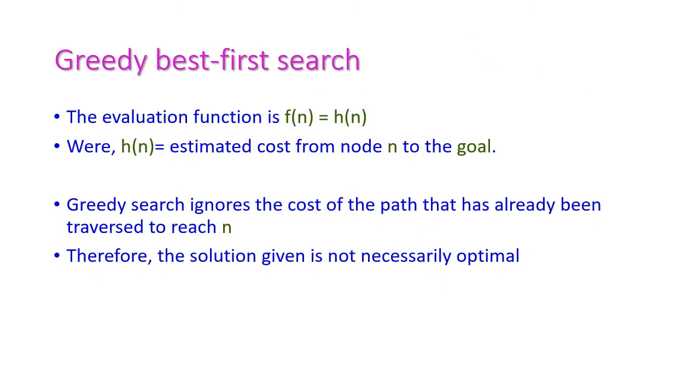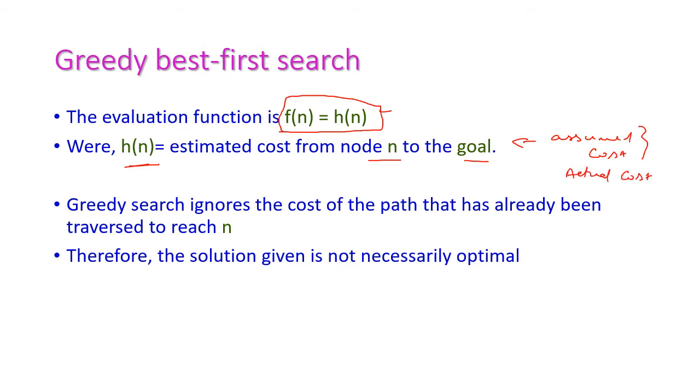This algorithm uses the evaluation function f of n is equal to h of n. h of n is nothing but the heuristic function that is used to estimate the cost of node n to the goal node, that is, the current state to goal state cost. Estimated cost is nothing but the assumed cost. This is not the actual cost.